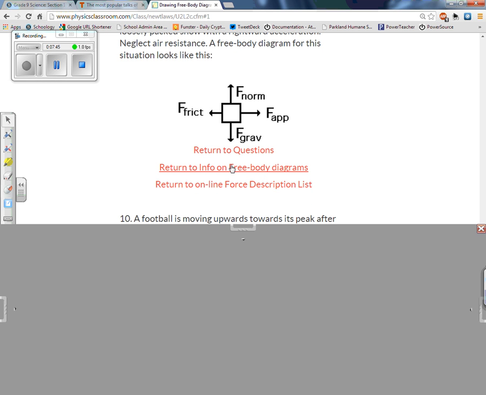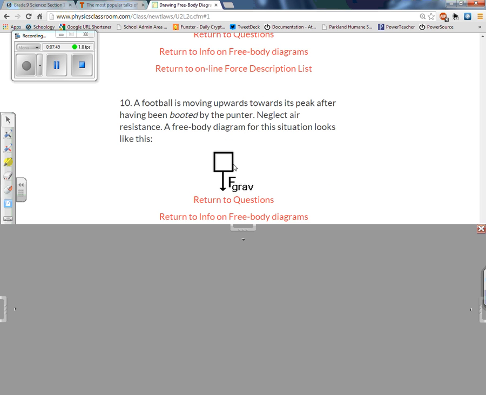Should I just show you the answer and let you argue with me? How many people put something like this? Nobody? Well, how come it's just gravity?